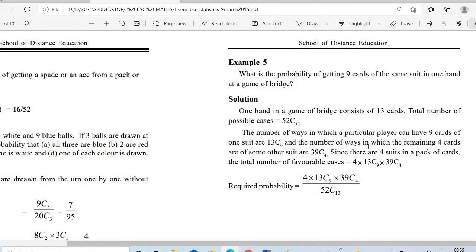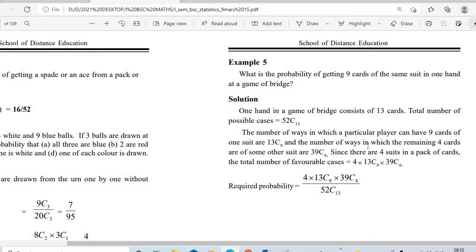Next is another problem. What is the probability of getting 9 cards of the same suit in one hand at a game of bridge? So we should get 9 cards of the same type.